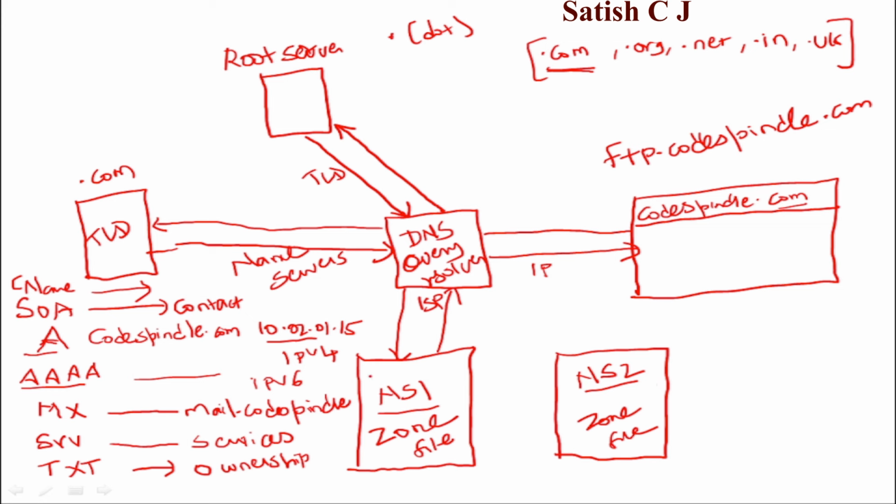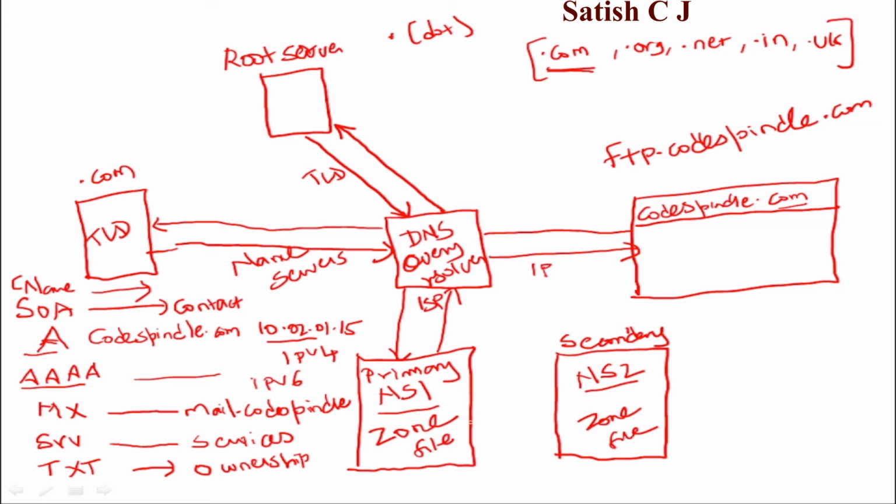So we call NS1 the primary server, and NS2, what is this name server called? Secondary name server. What is the use of primary and secondary name server? It's used for fault tolerance. Say if the primary server goes down, then the secondary server will be answering the queries.